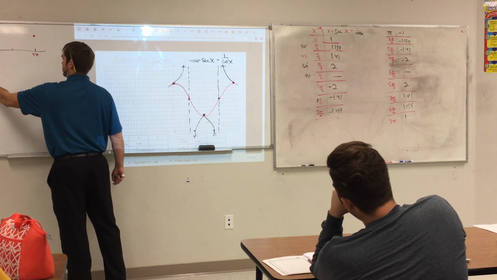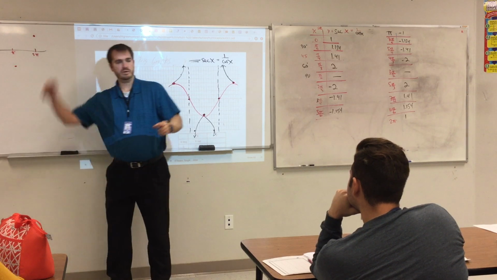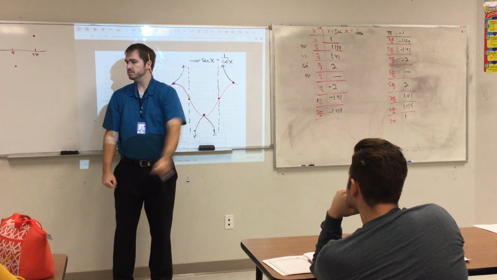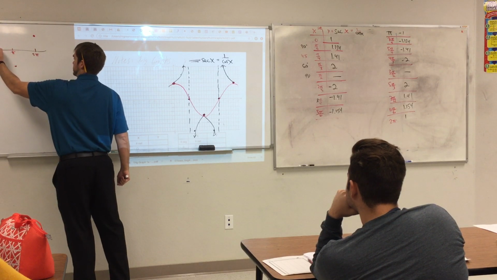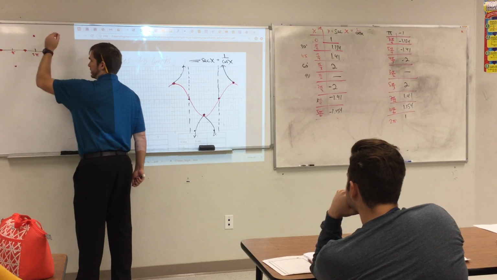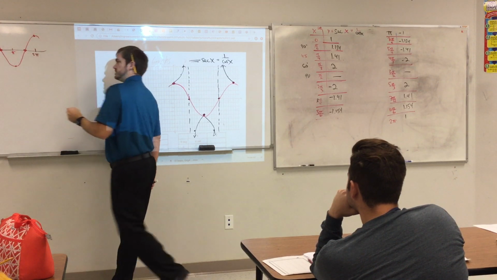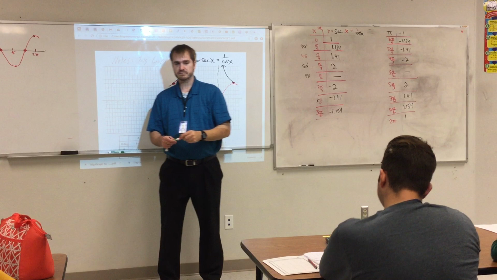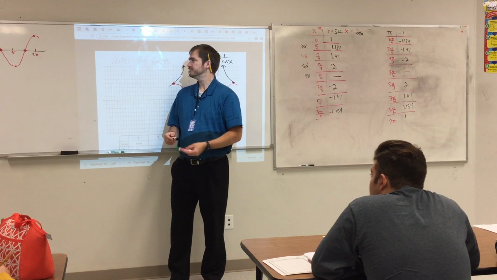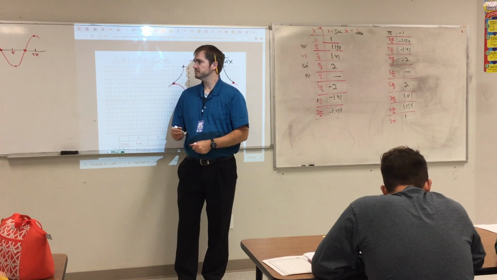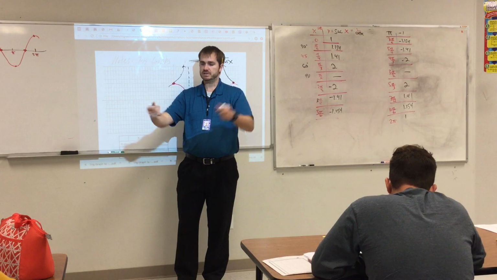And by high, I mean 1. And at pi, I know it hits its low point. Starts high, ends high, in the middle it's low. In the first quarter, it crosses the x-axis. Third quarter, crosses the x-axis. I draw a nice smooth curve for cosine.